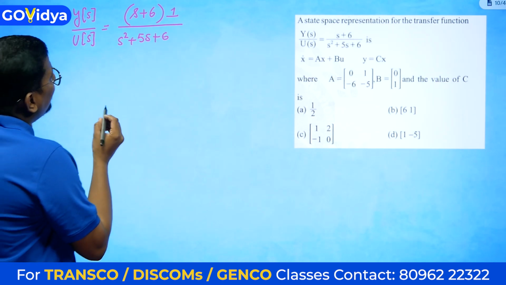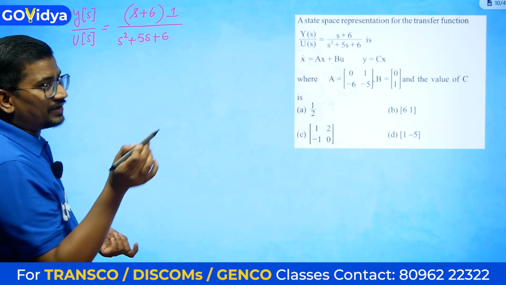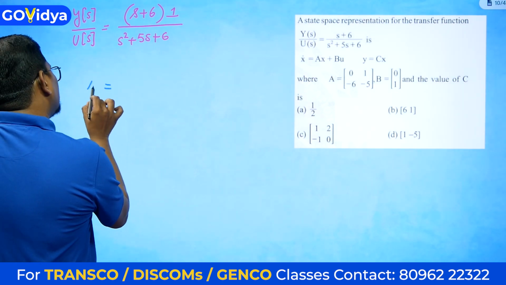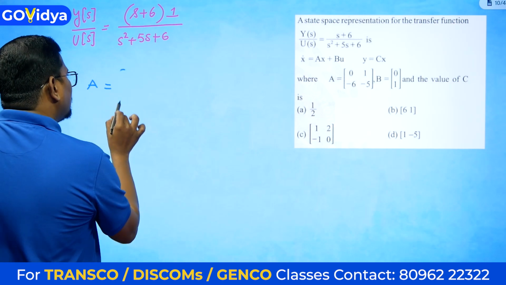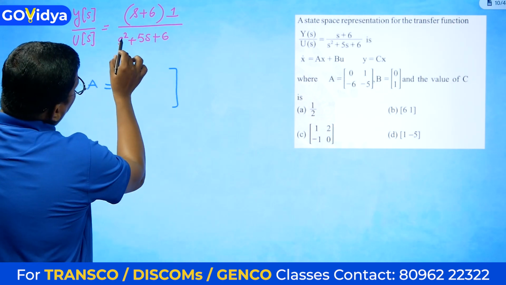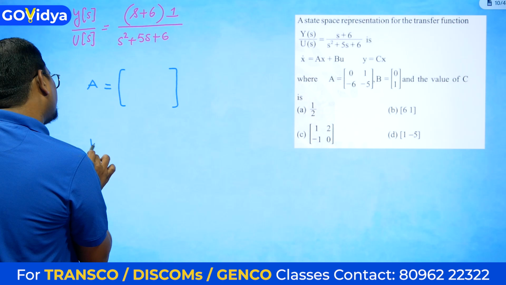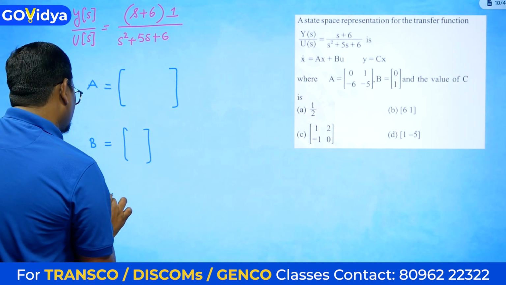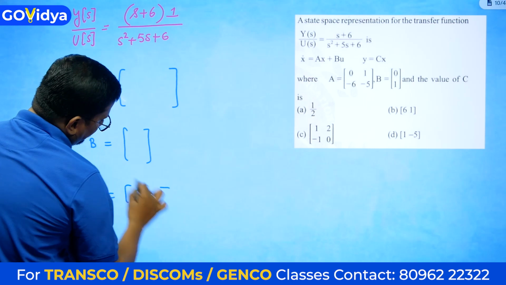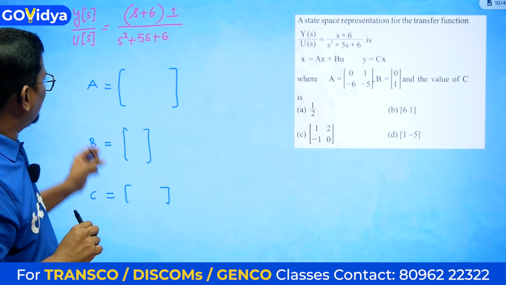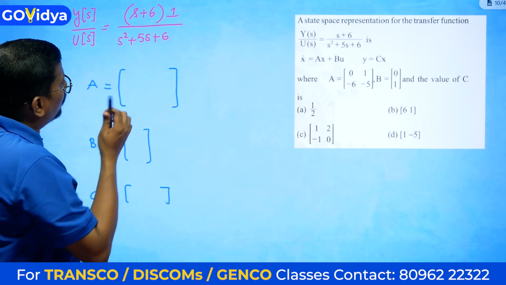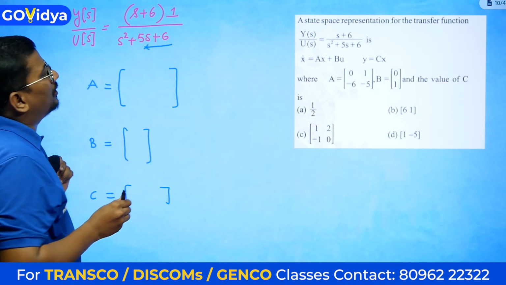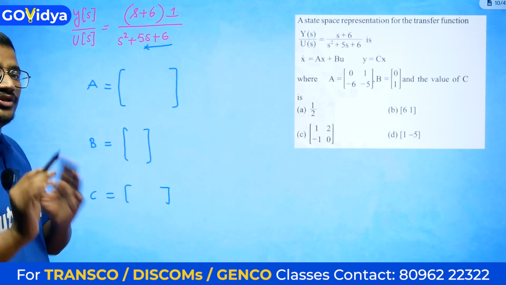So now we know that whenever we have any transfer function, we can directly write its matrices. A matrix, how to write? It is a 2 by 2 matrix because it is a second order system. B is a 2 by 1 matrix and C is a 1 by 2 matrix. ठीक है ना? Now tell me, from this, I told you to go in this particular direction. Put the values with opposite polarity.